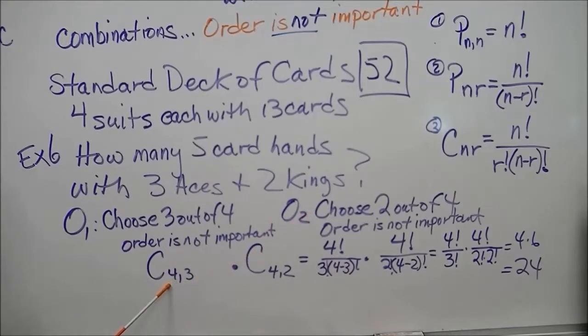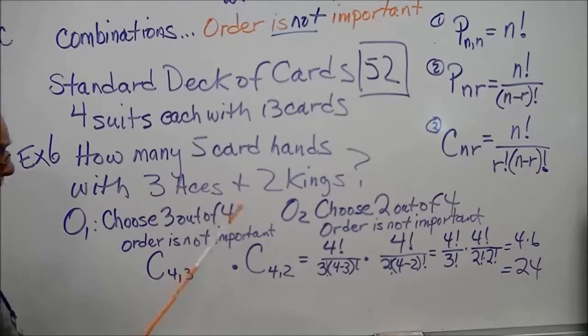So there's your aces, 3 out of 4, kings, 2 out of 4, and to get your total result, you need to multiply. This is a product of these. And this is sort of getting us ready for the next chapter, chapter 8, in which we do probability. So we need to know this to do that next chapter.